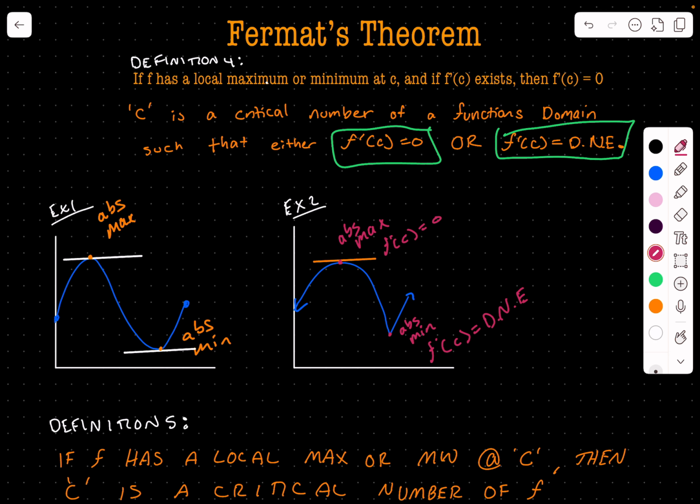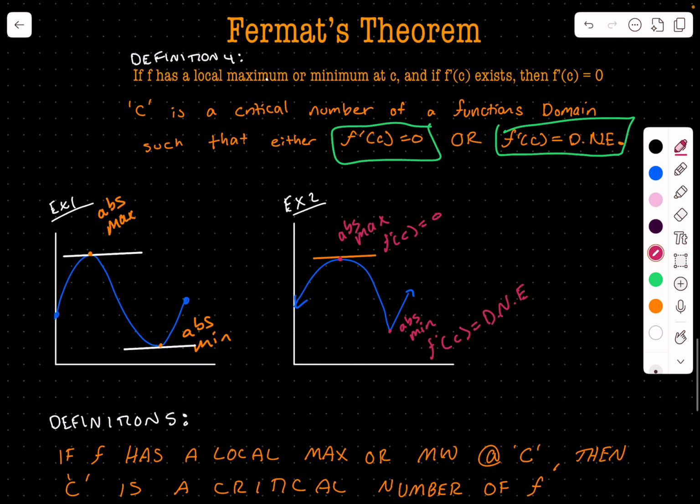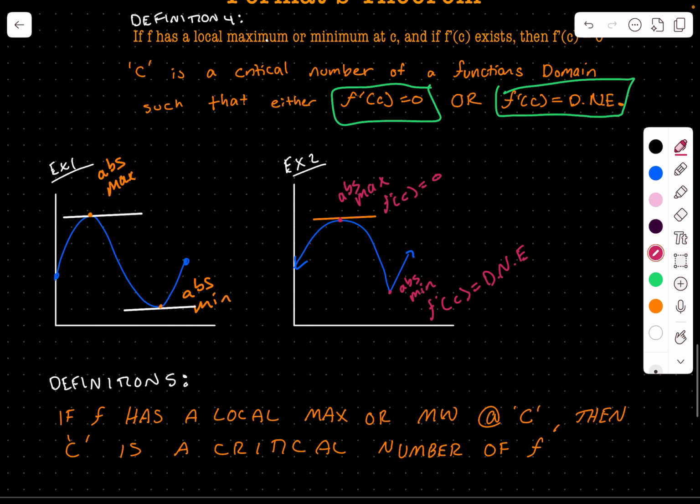And to figure out if it does not exist, you can ask yourself, is it a sharp turn? Can you make one unique horizontal tangent line, or can you make a bunch? That is how you determine whether the derivative at the critical point is going to equal 0 or does not exist. And if you want a stern definition from the textbook, it says if f has a local max or min at c, then c is a critical number of f.